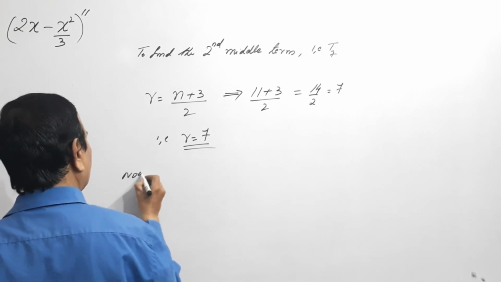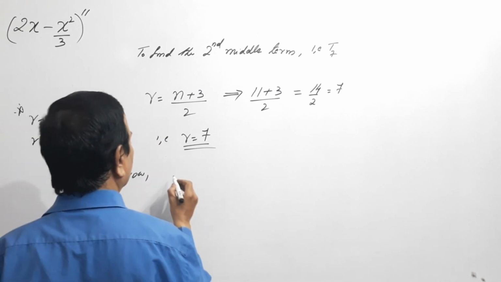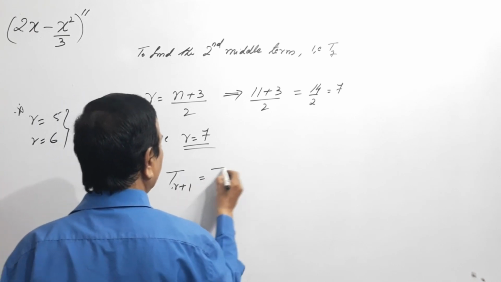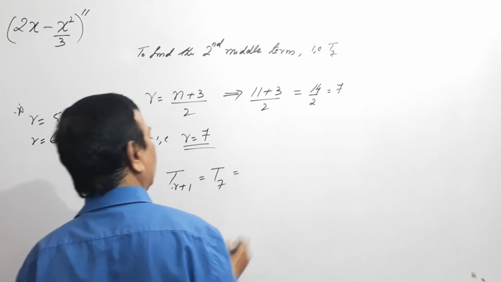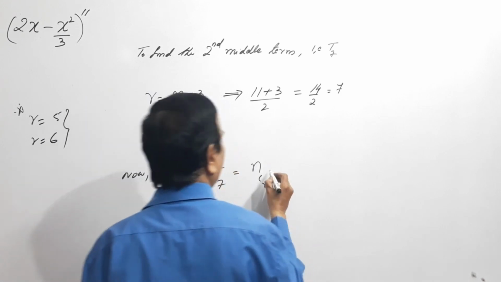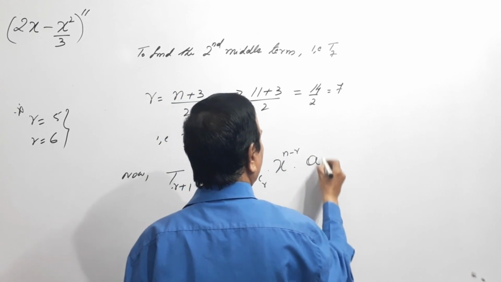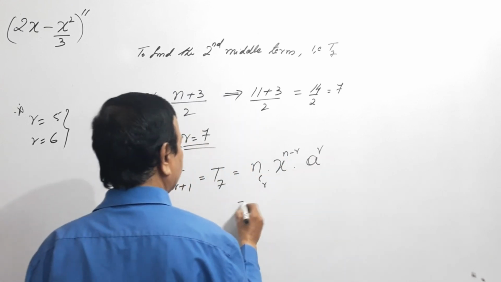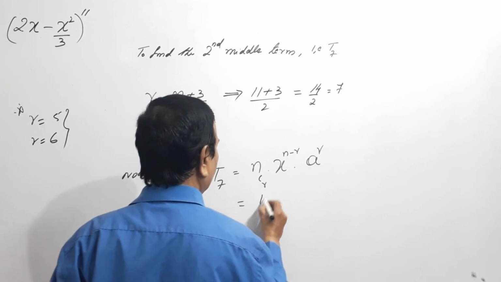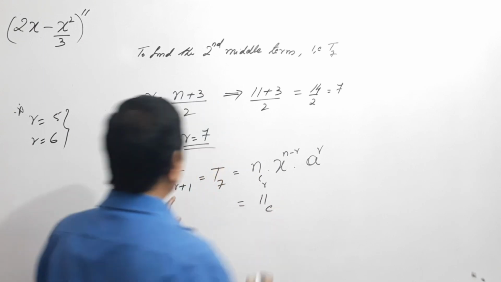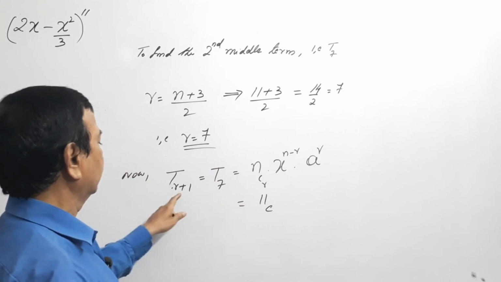Now T(r plus 1) equals T7 equals nCr x to the power of n minus r into a to the power of r. So n is 11, C, r is 6.